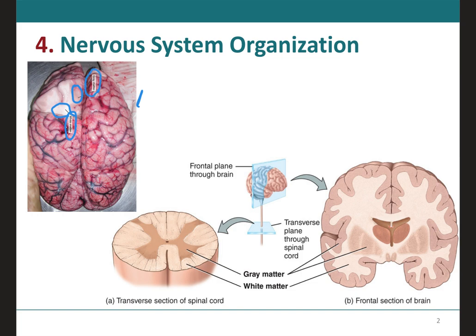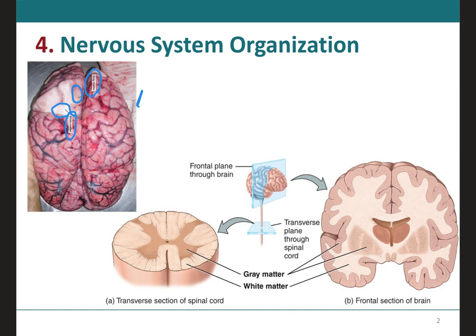Now the white matter is made up of this aggregation of the myelinated and unmyelinated axons of many neurons. And this whitish color comes from the myelin, because remember that the myelin is made up of lipid and lipid is sort of whitish. So this is why the white matter looks white. So it makes sense, right?